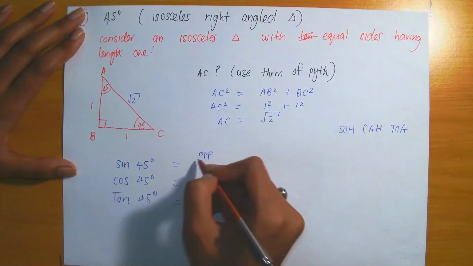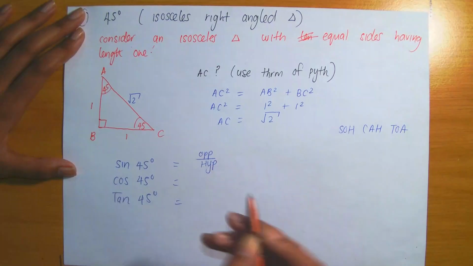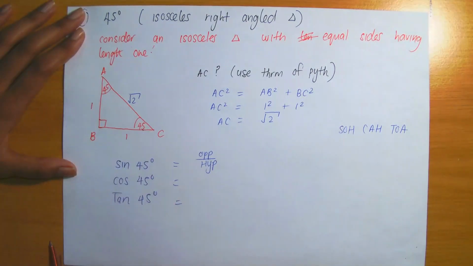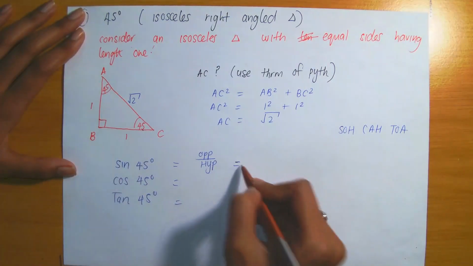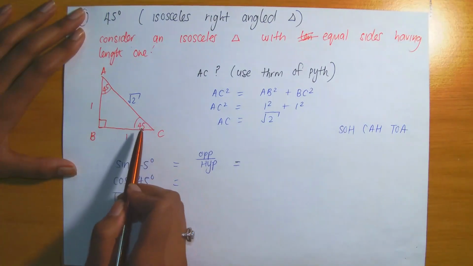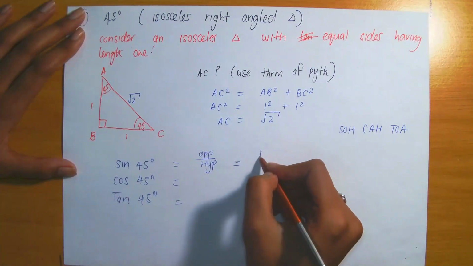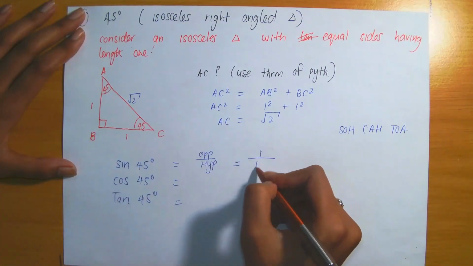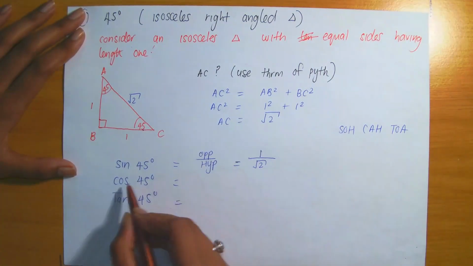Sine is opposite over hypotenuse. You could use any of the 45s, it would not matter, you will still arrive at the same answer. So if I work with this 45 as my reference angle, the side opposite it has length 1, and the hypotenuse has length root 2.